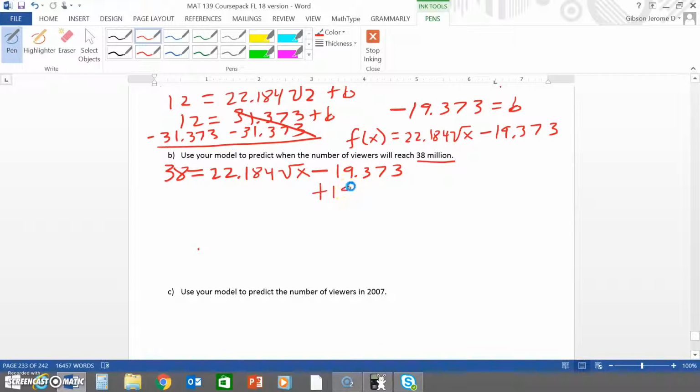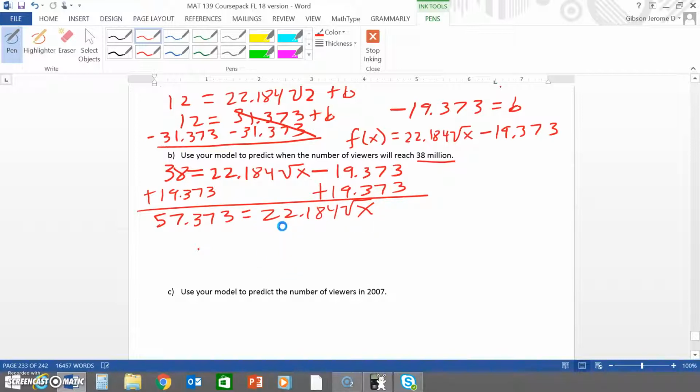So we have to add 19.373 on both sides. And this will give us 57.373 is equal to 22.184 times the square root of x. Now we will divide each side by 22.184.